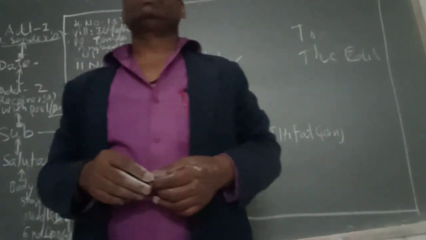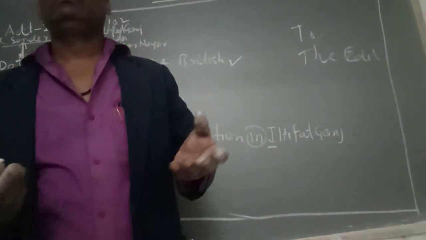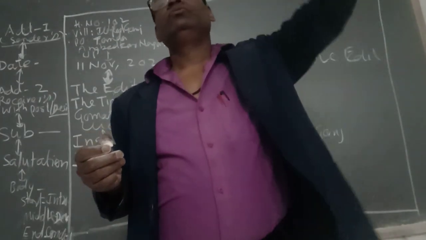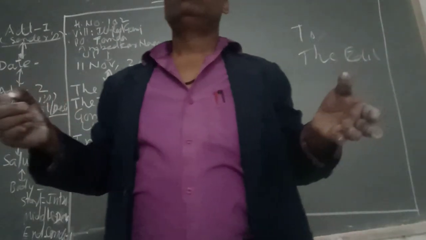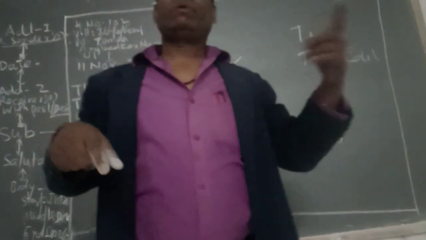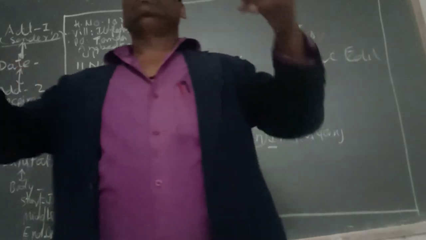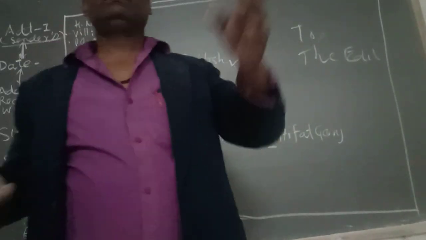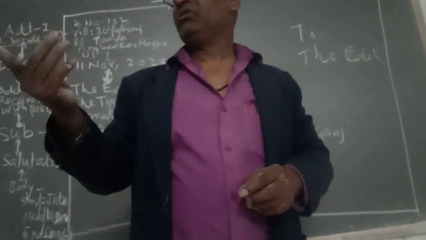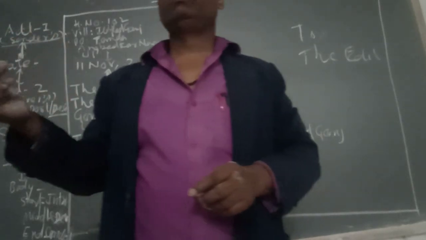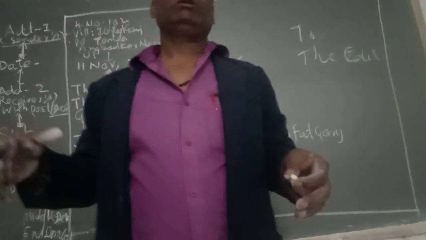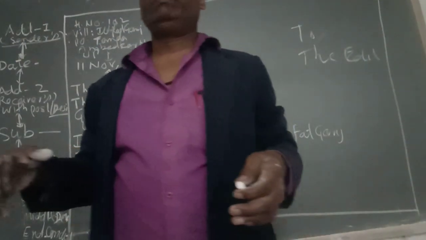Suppose the session starts in April and goes to March. So March is the conclusion. April is the start, and in between so many months are there, like May, June, July, August, September, October, November, December, January, February. These are the development or body, the main part of the letter.